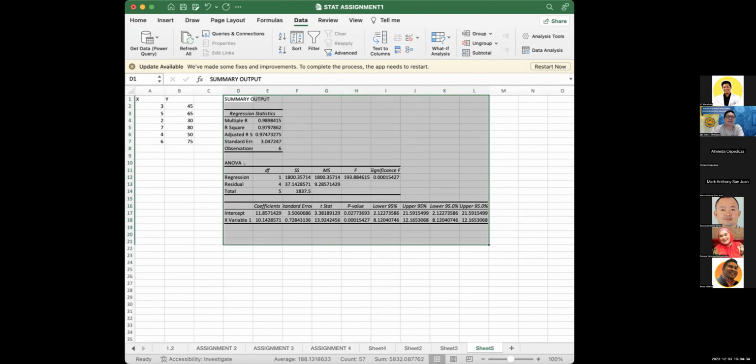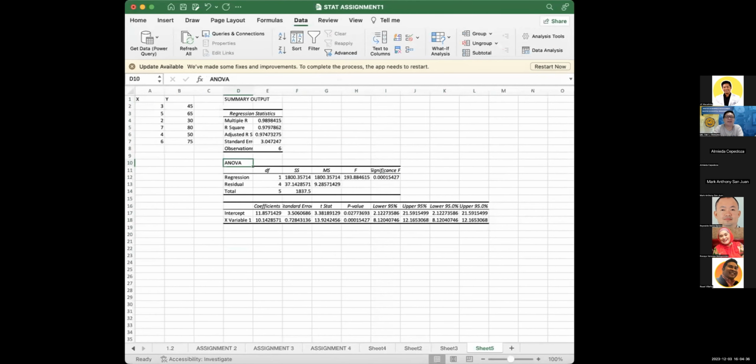Actually, na-discuss naman na po yung ANOVA kanina, di ba? Yes. Okay, so mabilis na lang. So lalabas po lahat yan, actually. Tapos, that is your summary regression output.